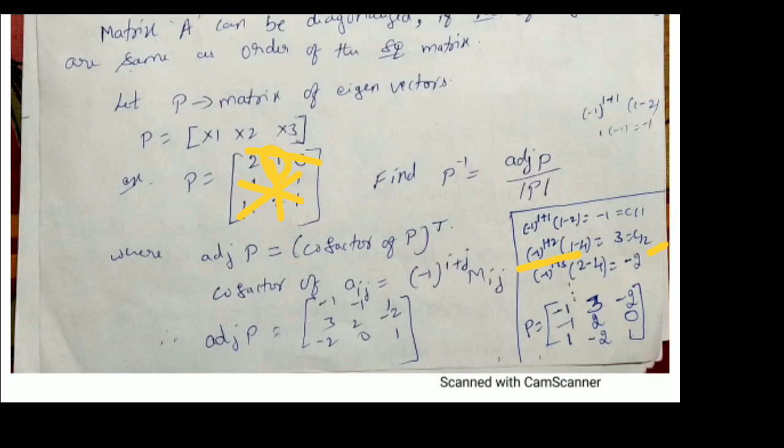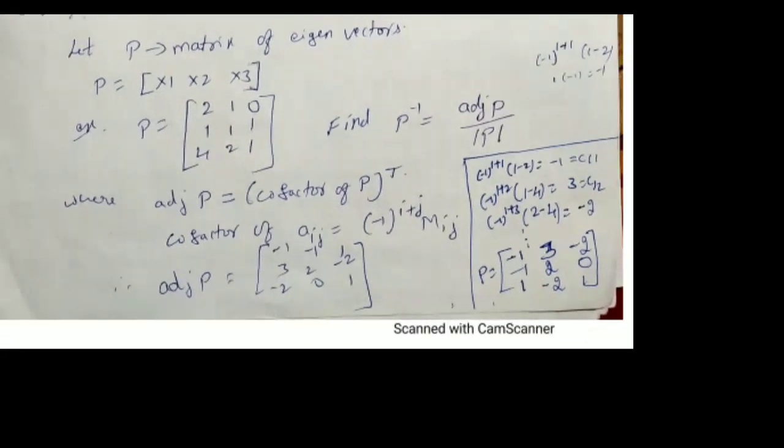Like this, you make the calculation for each and every element to get the cofactor. Whatever matrix we have written here as P is actually the cofactor of the P matrix. These are the cofactors that are obtained.